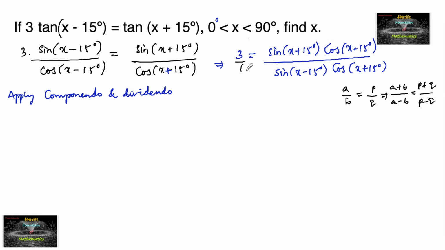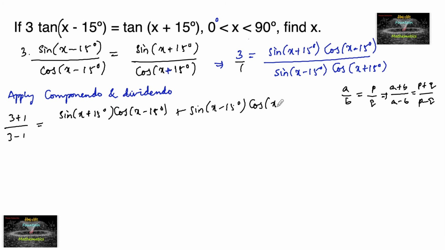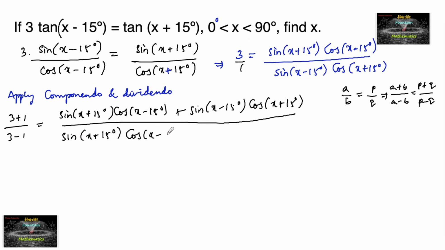So let us write here, this is 3 by 1, so we can write 3 plus 1 upon 3 minus 1 equals sin of x plus 15 degrees into cos of x minus 15 degrees plus sin of x minus 15 degrees into cos of x plus 15 degrees, upon sin of x plus 15 degrees into cos of x minus 15 degrees minus sin of x minus 15 degrees into cos of x plus 15 degrees.